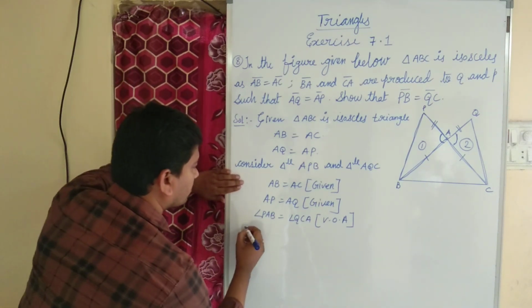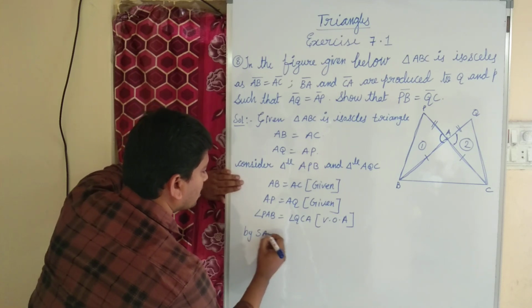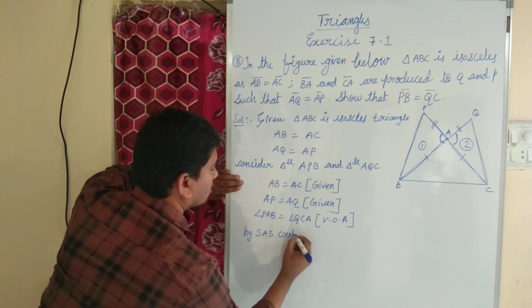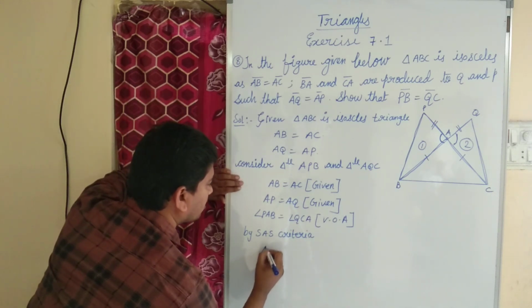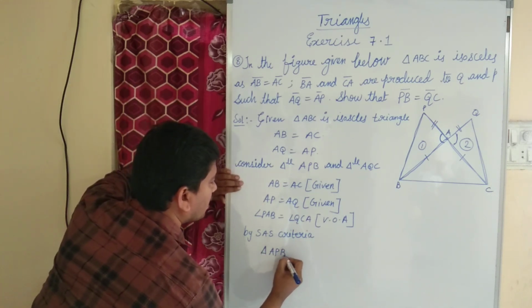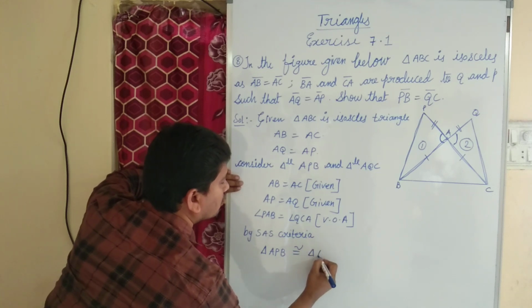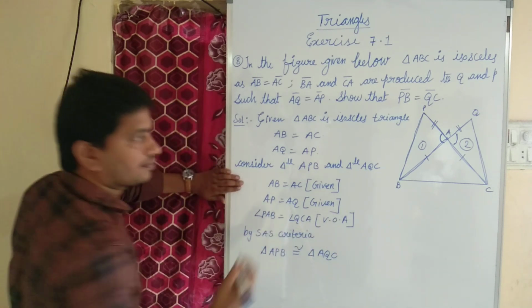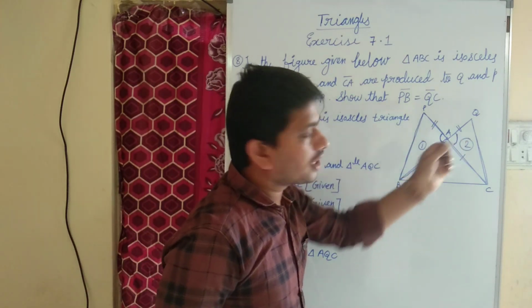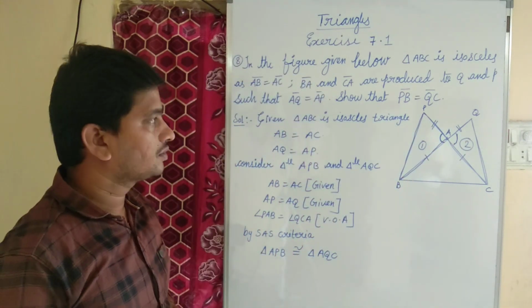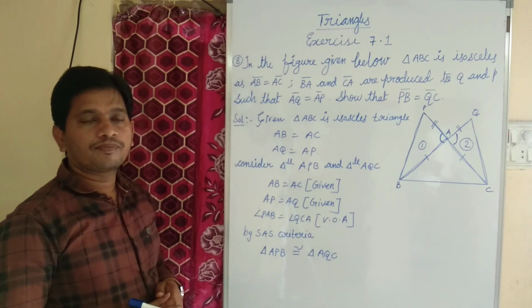So by side angle side criteria, I can say that triangle APB is congruent to triangle AQC. By SAS criteria, triangle APB is congruent to triangle AQC.